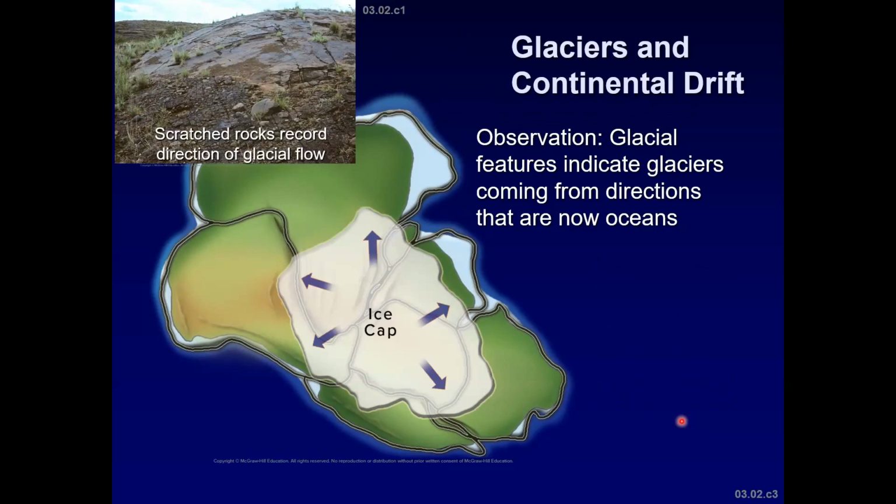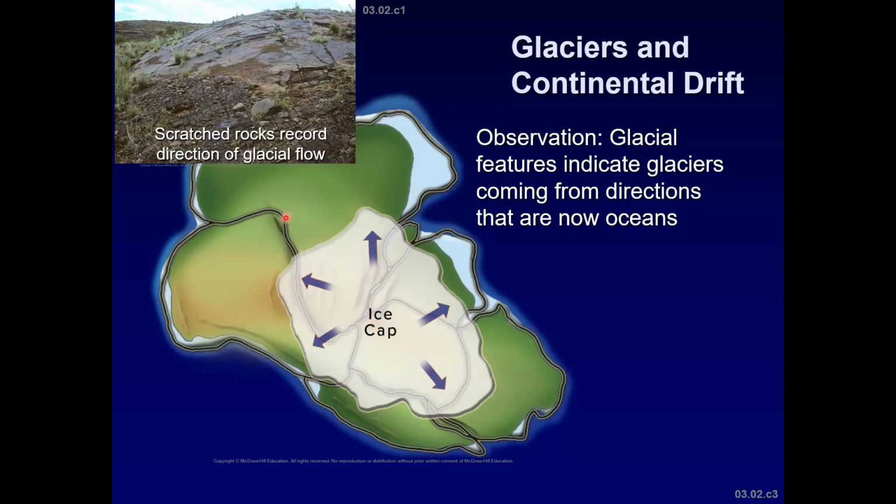If you look at our continents, there were a few different ice ages throughout geologic history. One observation made was that these continents have glacial features such as scratched rocks. Glaciers move across the rock and they scratch the rock in a specific direction as they move.